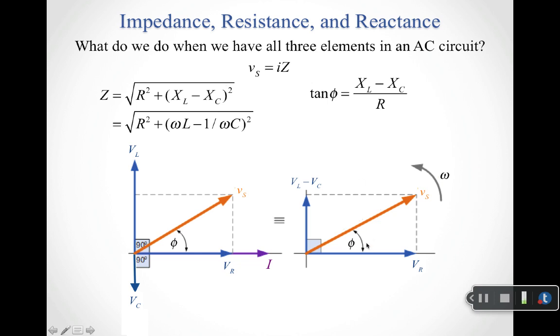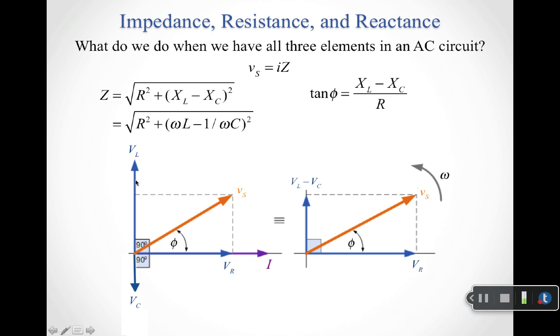To get the direction, or really in this case the amount of the phase shift, we use the same way we would think about the direction of a vector. I take my y component over my x component and then take the inverse tangent. So this will let us figure out the impedance and the phase shift between the current and the voltage when we have an AC circuit that has all three elements, a capacitor, a resistor, and an inductor.